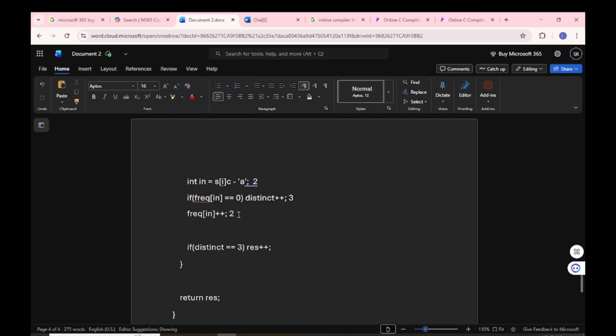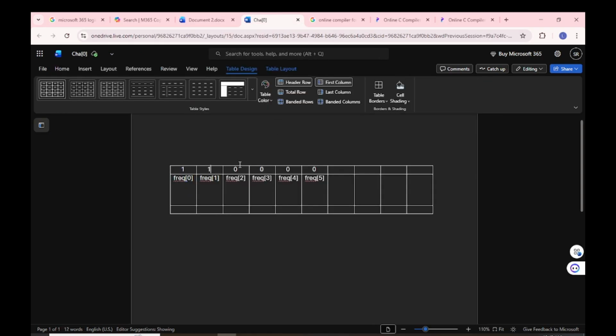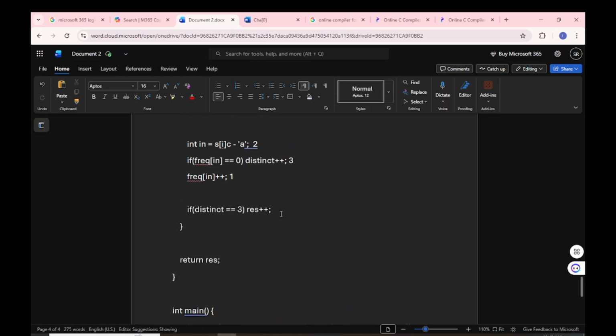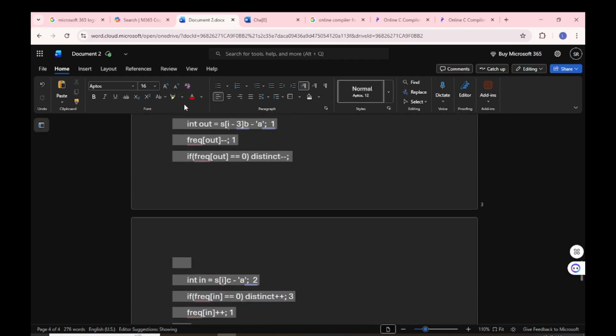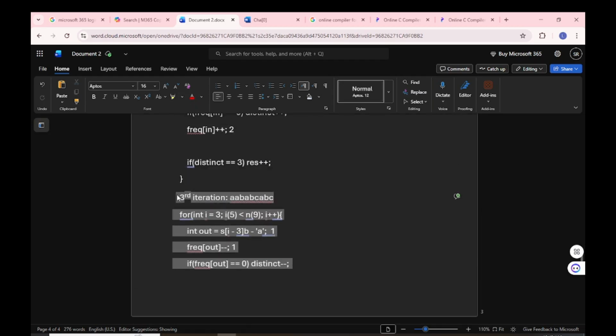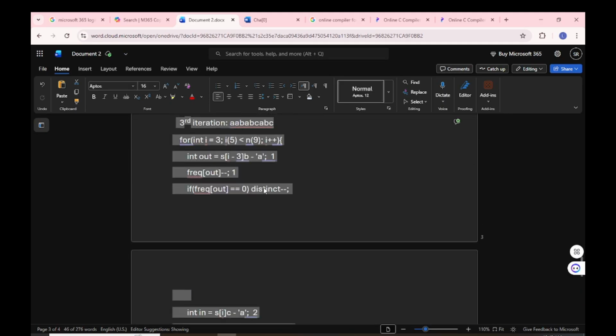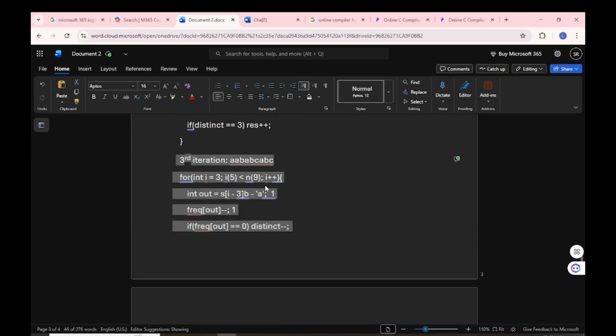So here it would be 1, frequency in plus plus, so this would be 1. So if distinct equals 3, yes, so in the third iteration we got a new substring, right?